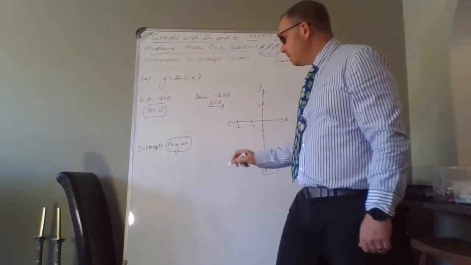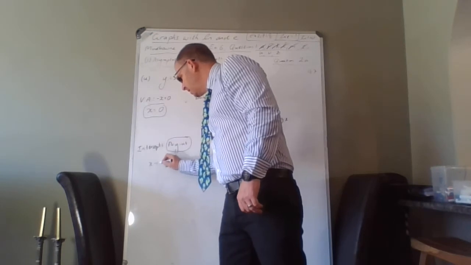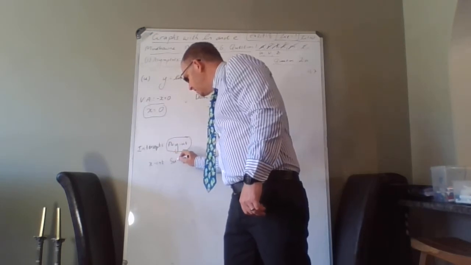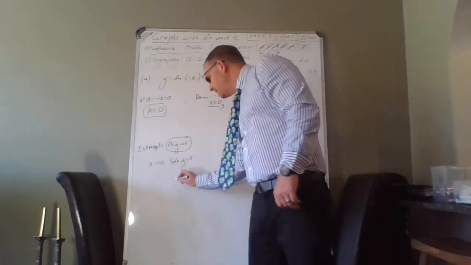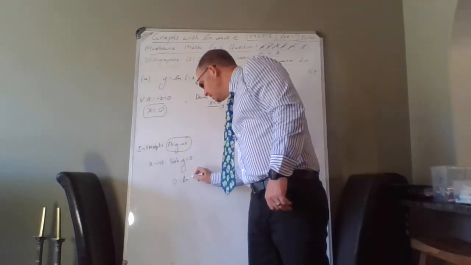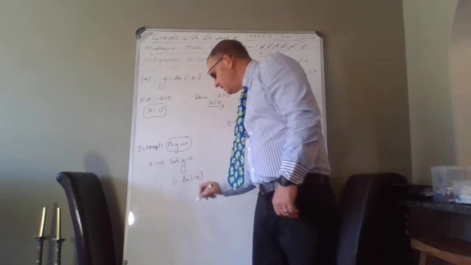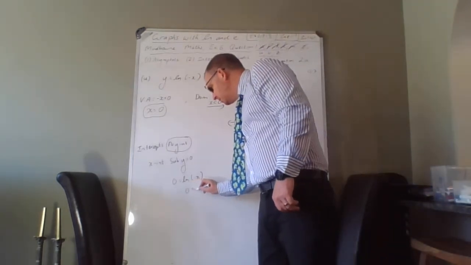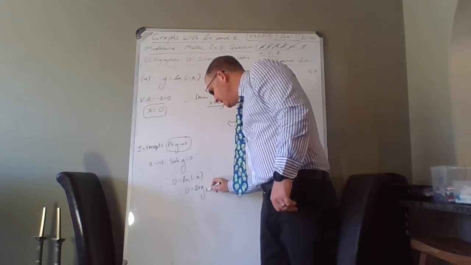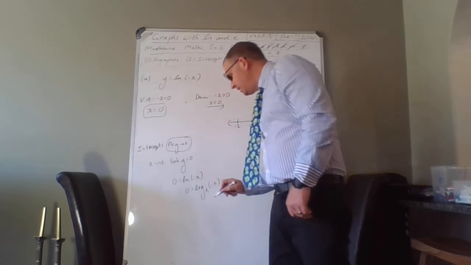But there is going to be an x-intercept, and as you know, to find it, it's where the y-coordinate is 0, so I get 0 is equal to ln negative x. You can do it intuitively, or you can use a definition. And you go 0 is equal to log e of negative x.